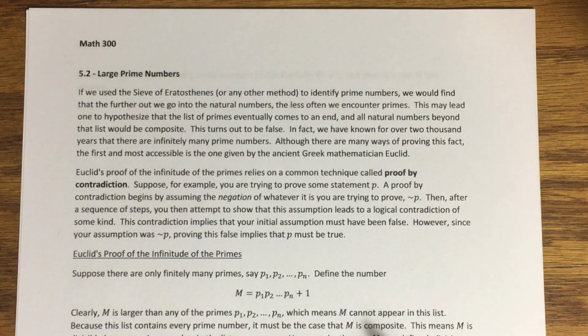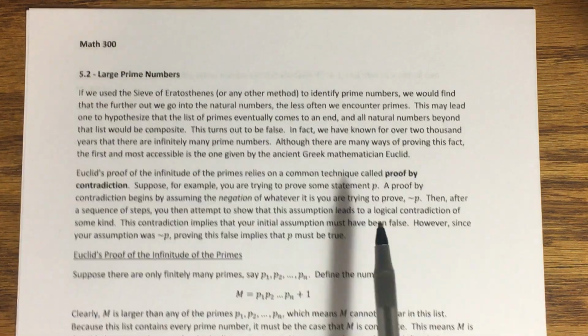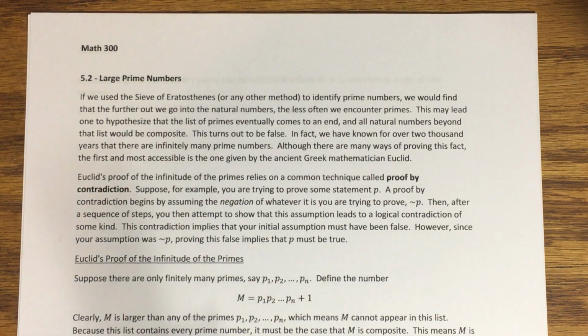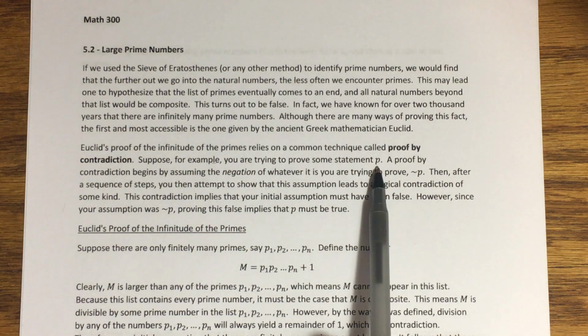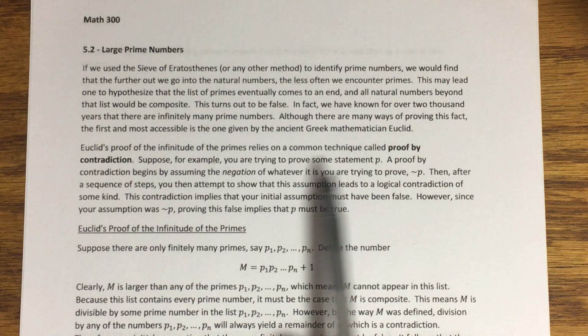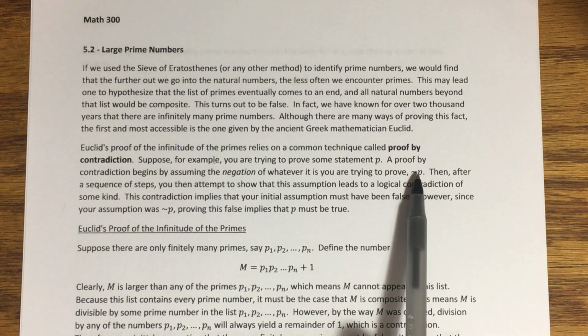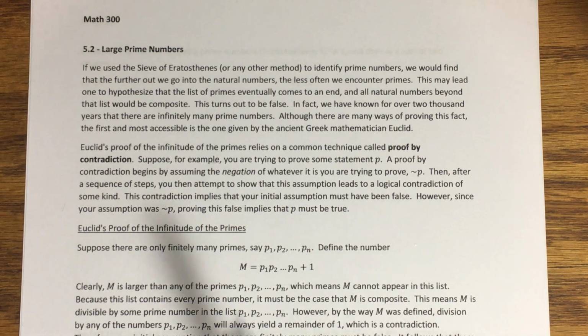Basically, the idea behind a proof by contradiction is you suppose that you're trying to prove some particular statement, P, let's call it. This is using some of our notation from our Chapter 3 symbolic logic stuff. If you're trying to prove the statement P, you assume its negation, which symbolically we can write this way, not P. Remember, that's the opposite of what it is you're trying to prove.